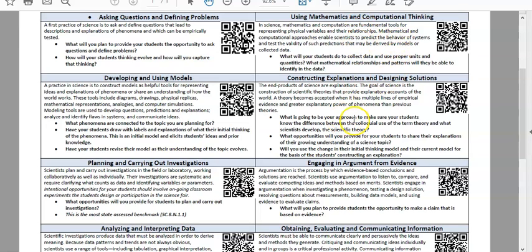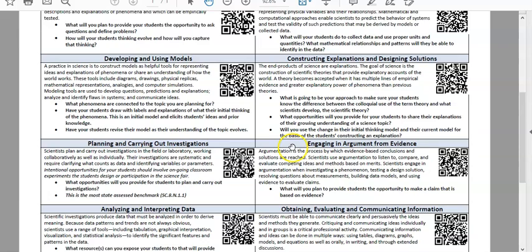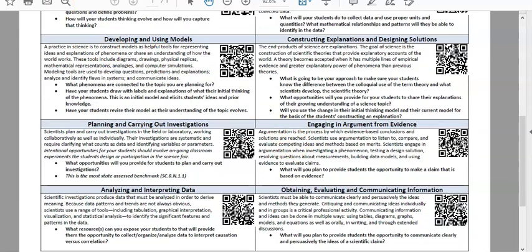It just kind of depends. But either way, this should result in them either making a claim and constructing an explanation, or lastly, potentially engaging in argument from evidence. So they make a claim and then utilize the data to support their claim. Anyway, this is just a reminder that this document exists.